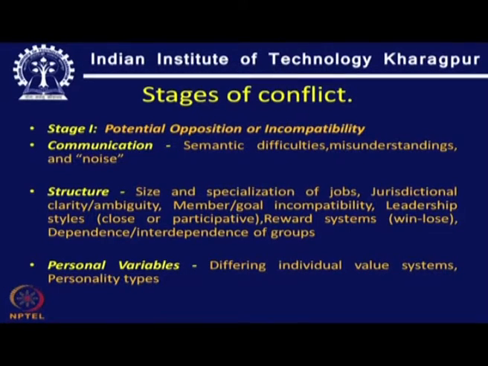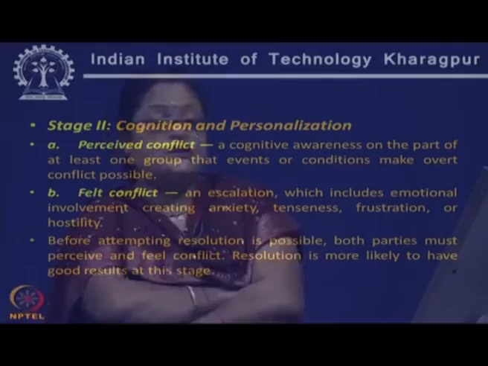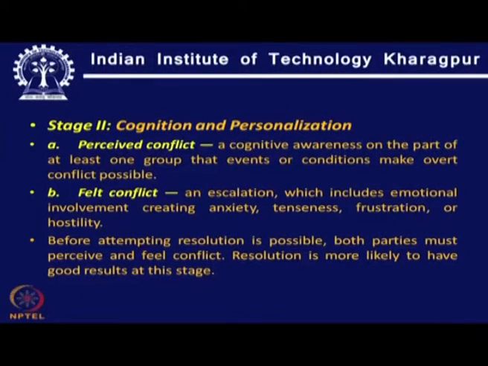Now, what changes this potential stage into the actual conflict stage? Stage 2 is cognition and personalization. In that, we get two parts: the perceived conflict and the felt conflict. In perceived conflict, at least a feeling should be there on one of the parties of the presence of the other party.